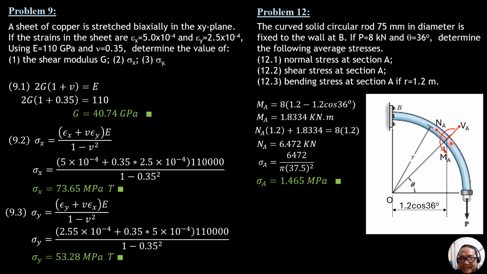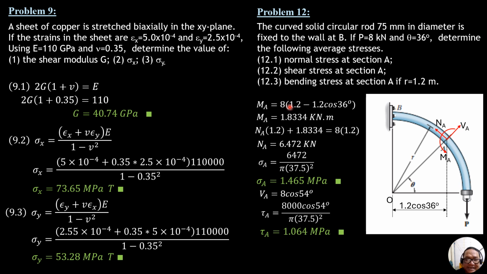So that is 8 cosine of 54, the shear at A. So the shear stress at A is 8,000 newton cosine of 54 divided by pi 37.5 square. Solving for shear stress, 1.064 megapascals.